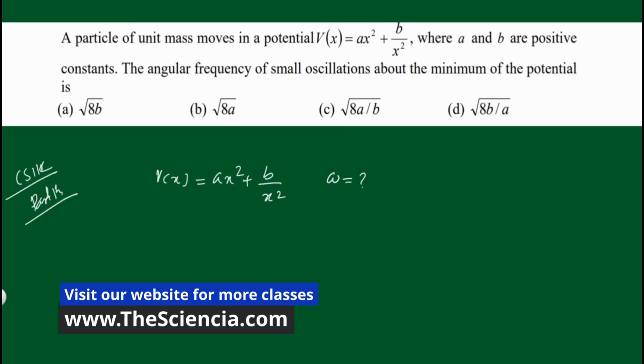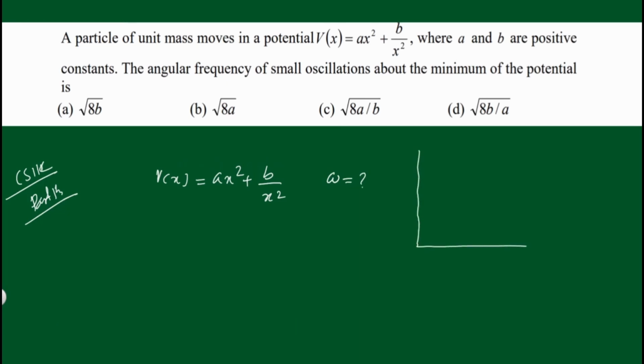That is, if you plot this V of x versus x, the graph will be something like this one. Here you can see this point is a minimum potential point and the oscillation is about this point. The corresponding point is x, and how can we find this x value?